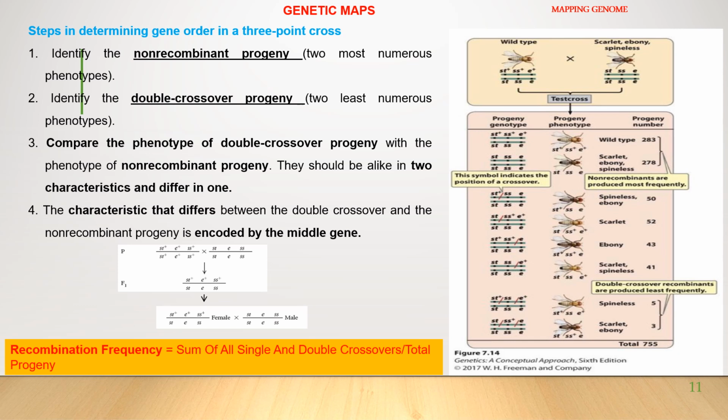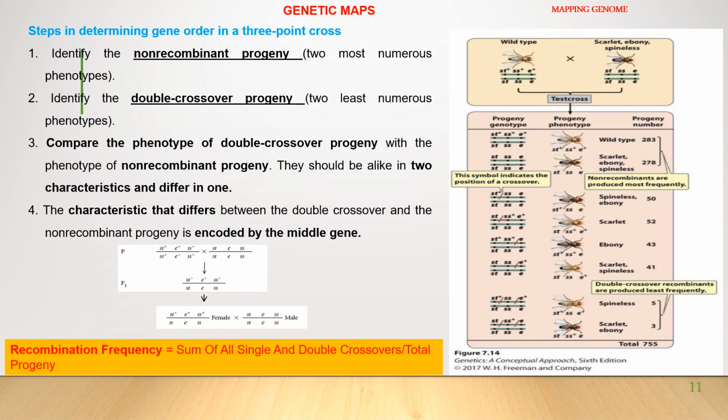In this case, the spineless gene. Thus, this gene is located in the middle. Please refer to slide 7 to understand the progenies obtained from single crossover and double crossover. Therefore, the gene order in this case is scarlet, spineless, and ebony, or ebony, spineless, scarlet.